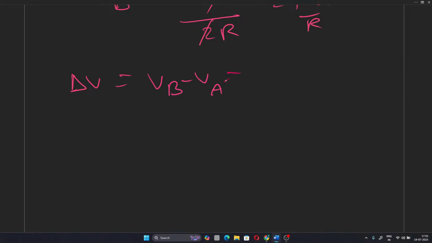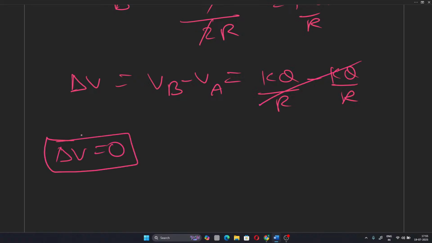VB minus VA equals KQ by R minus KQ by R. So the potential difference is zero, so no charge will flow because potential difference is zero.